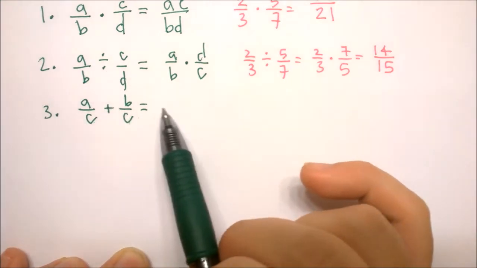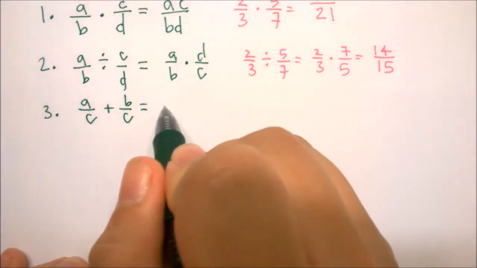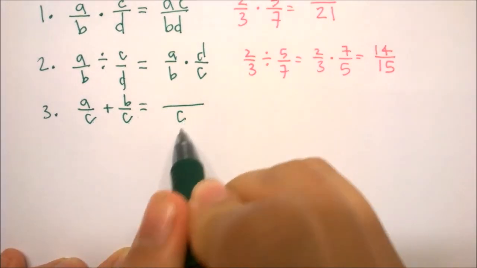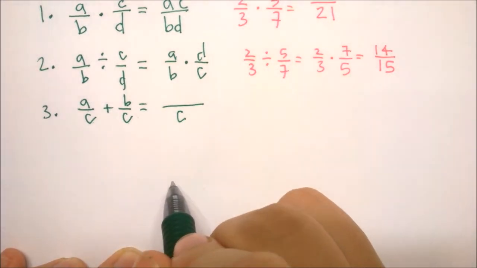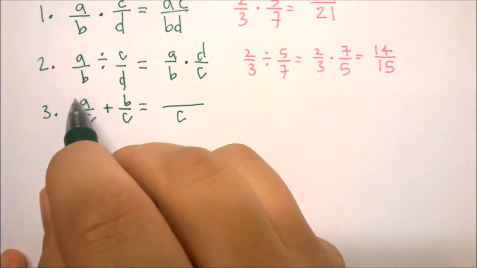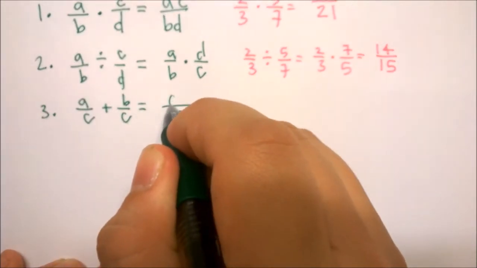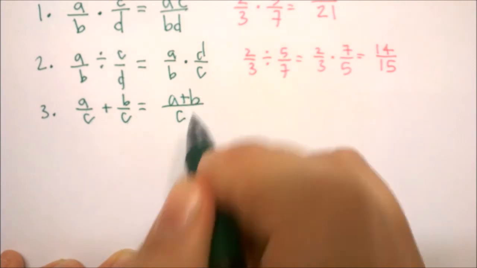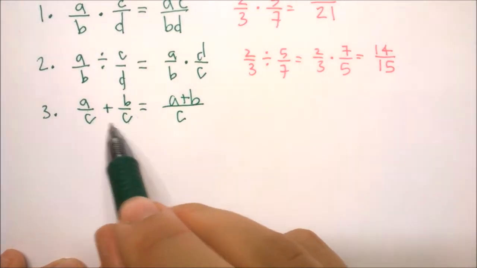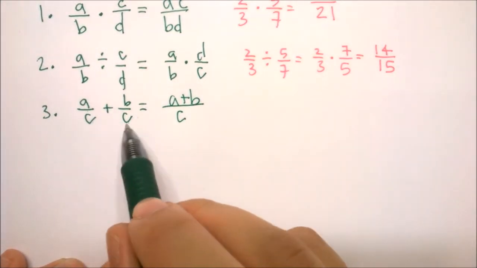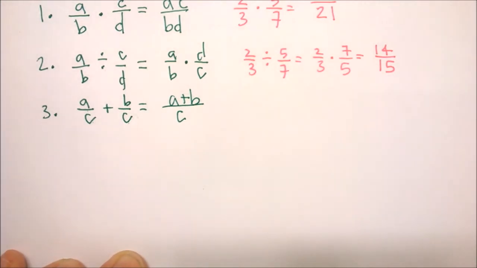We're not going to go c plus c. We remain with the same number of total slices possible, but we can just add my slices to her slices, so a plus b, okay? So keep the denominator the same. If they're already a common denominator, just carry it over and add the numerator.